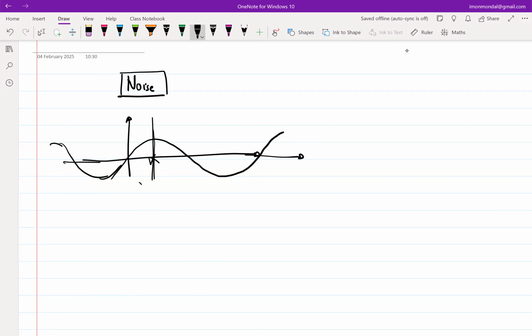Wherever the maxima is, I set my window of observation in that span, and I keep observing this small window. I will always get the maxima. I'm not going to get a minima there. So this is deterministic.